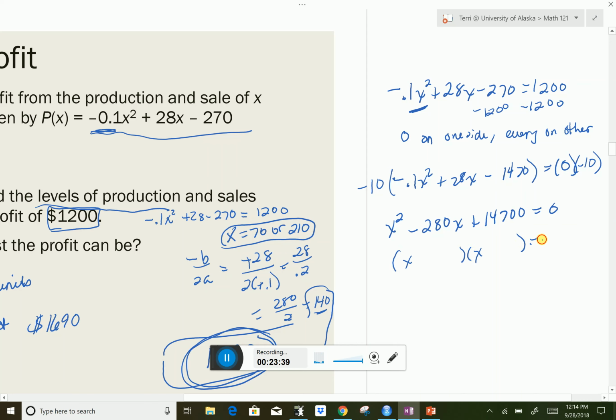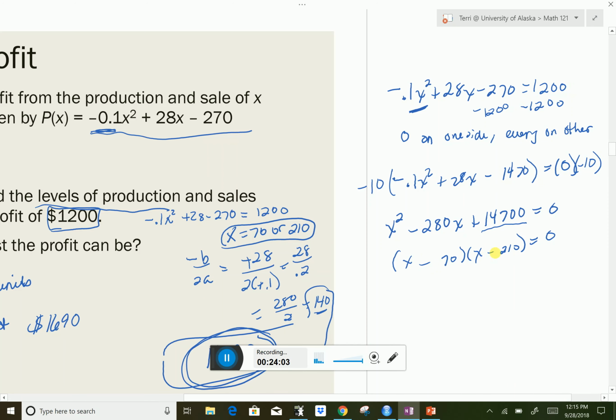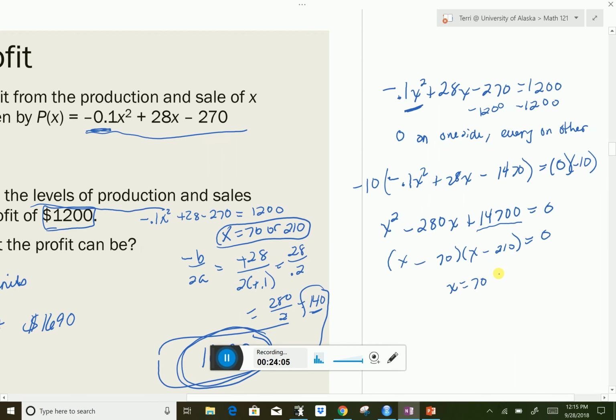We have to figure out what factors of 14,700 add up to 280. So we think, okay, 70 and 210. Boy, it's a whole lot easier once I've already done it, isn't it? So x is equal to 70 or 210.